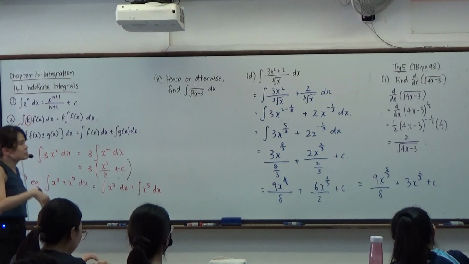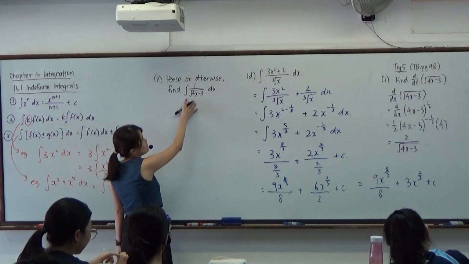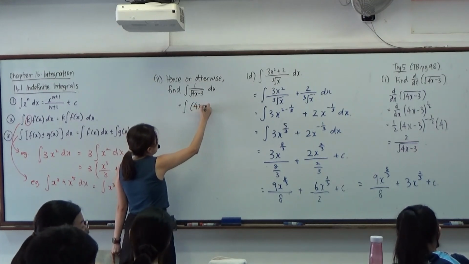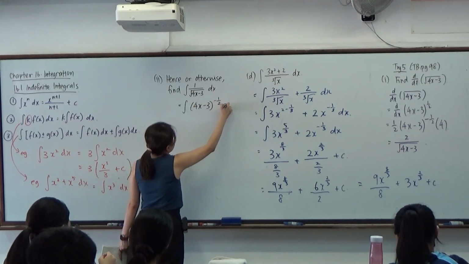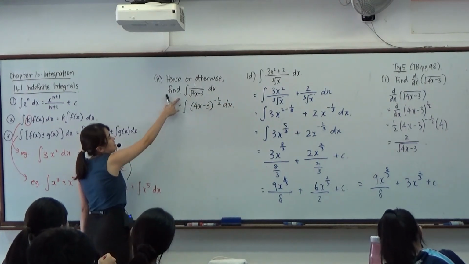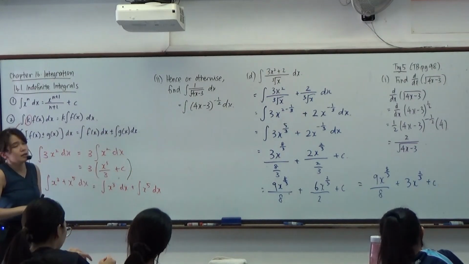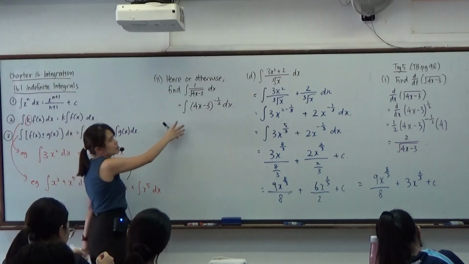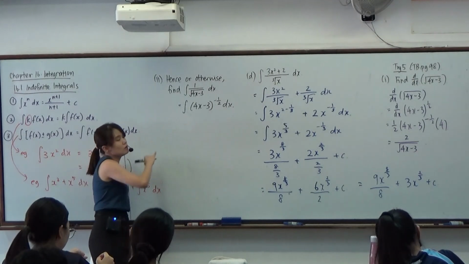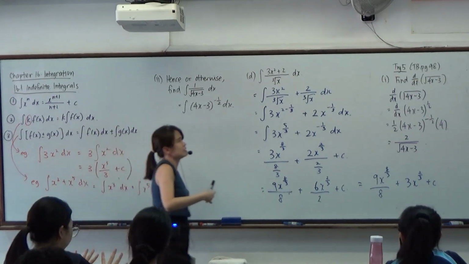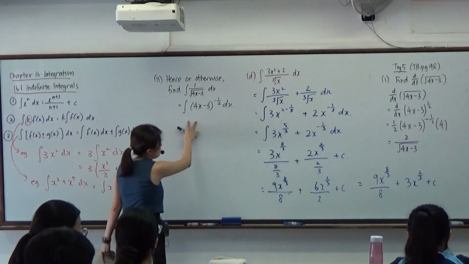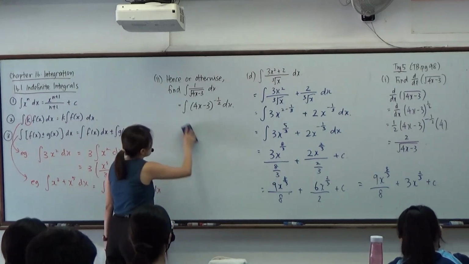At this juncture, you will not be able to integrate something like that, even if you were to express it as 4x minus 3 to the power negative half. Even if you re-express it to this form, with the skills that we have, we are not able to integrate this. So what we need to do is to make use of the differentiation in part 1 to help us solve this question. So how will that actually work?